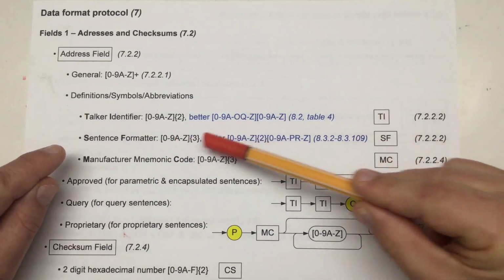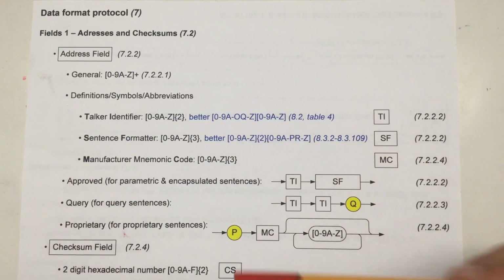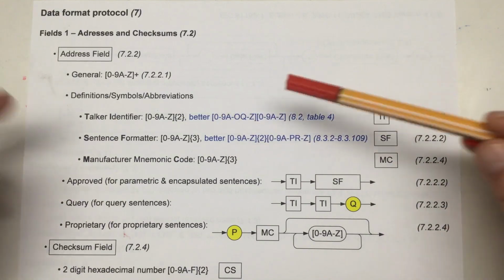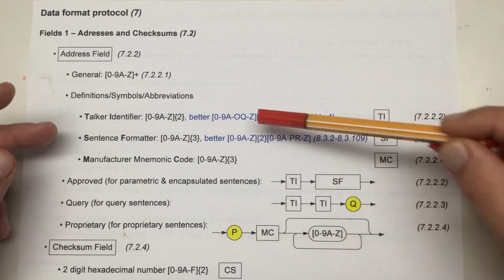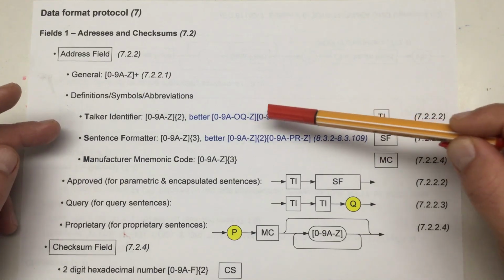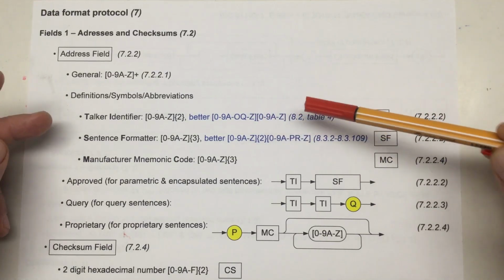So the better definition for a talker identifier would be it starts with a character 0 to 9 and then uppercase A to Z, leaving out the P, followed by a second character 0 to 9, uppercase A to Z.